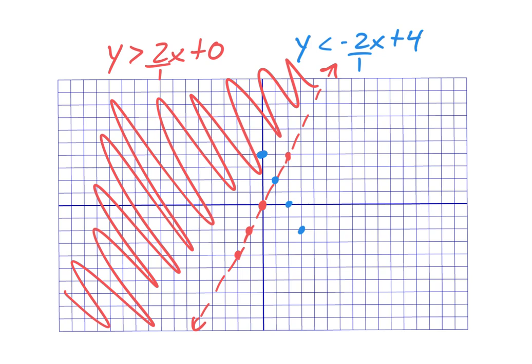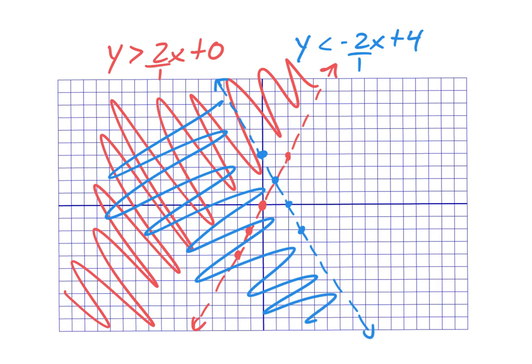We had to really find out what that place where they crossed was at. We don't care about that today. Sometimes it might be a nice whole number where it crosses easy, and sometimes it won't, but we don't really care what it is. This one, though, will also be a dashed line. And then it's less than. So it's going to be everything underneath. Less than's below, greater than's above.